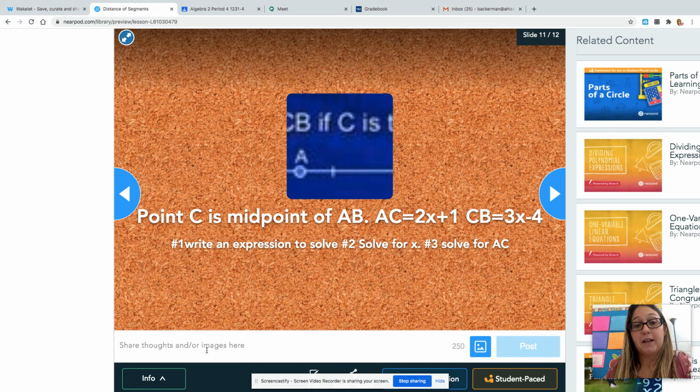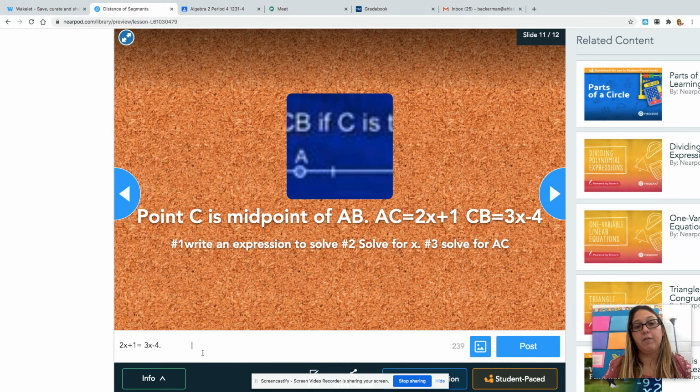I don't think it might let me do it here, okay? And so we were able to say 2x plus 1 is equal to 3x minus 4, okay? So down here, you can see I wrote it in the little chat.